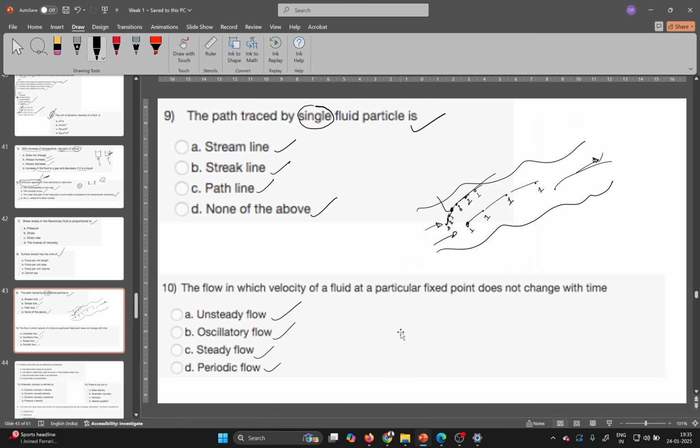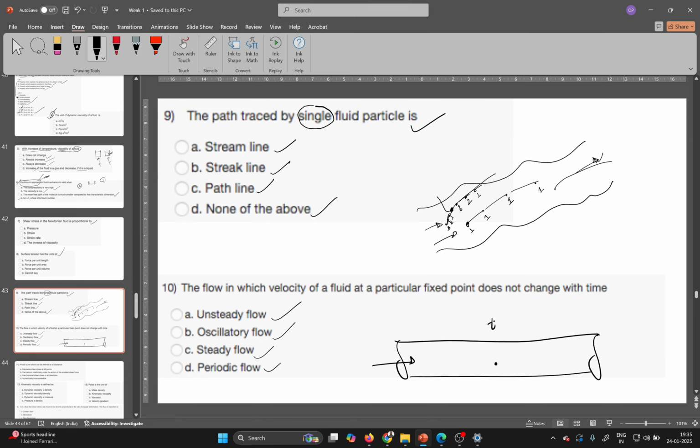Meaning, let us suppose a fluid, a pipe flow, water is flowing. You want to measure velocity at that particular location using some device.